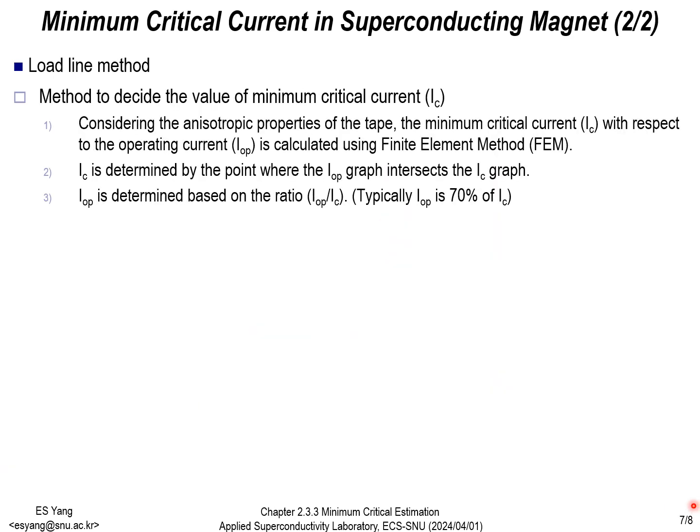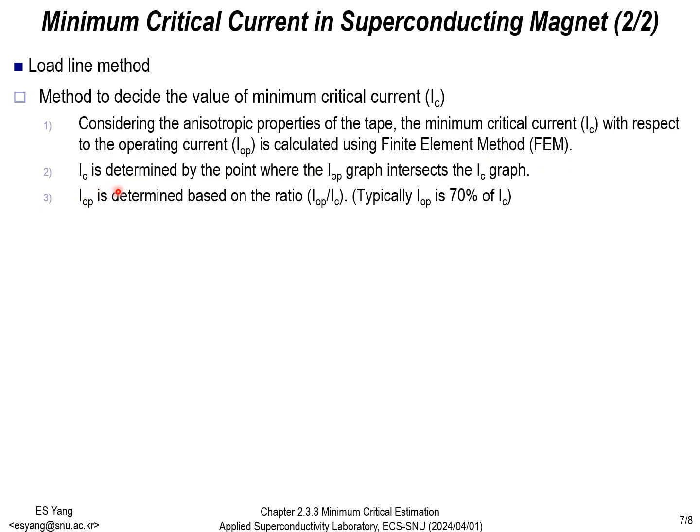Based on the preceding content, determining the minimum critical current is necessary for magnet design. One method used to select the minimum critical current value is the load line method, which involves the following steps. Considering the anisotropic properties of the tape, the minimum critical current of the magnet with respect to the operating current is determined through finite element analysis.